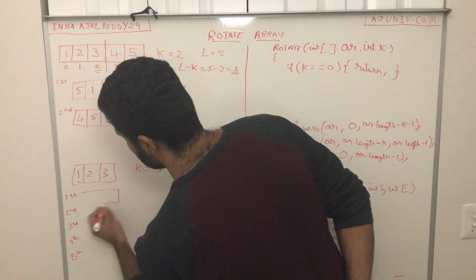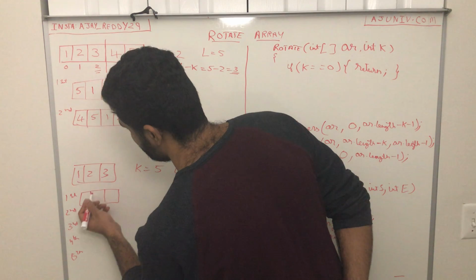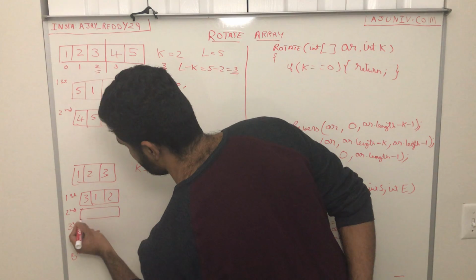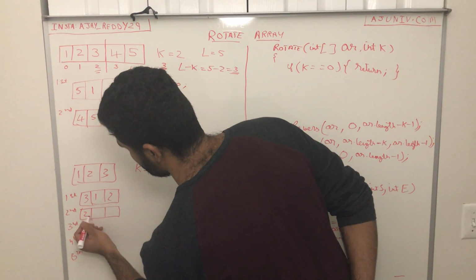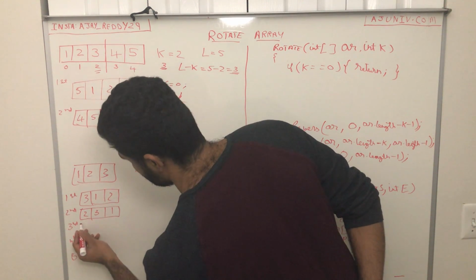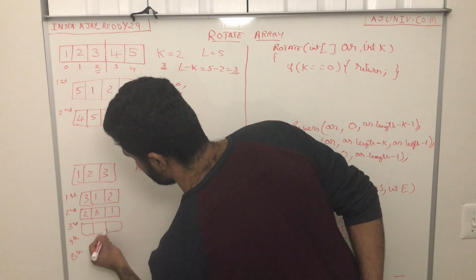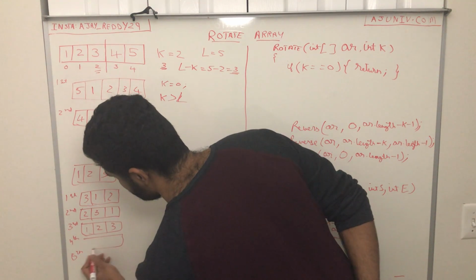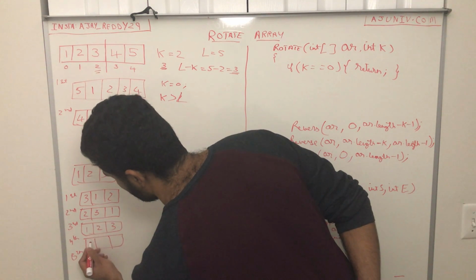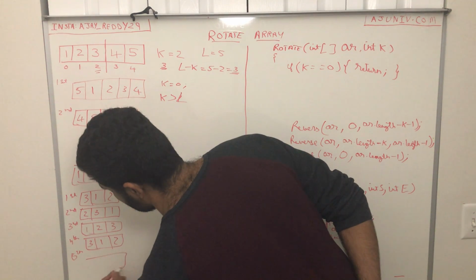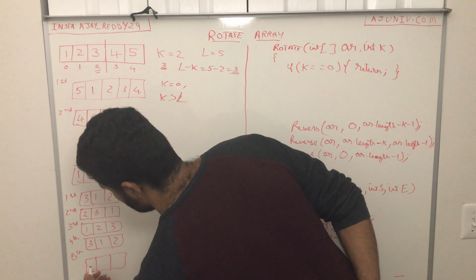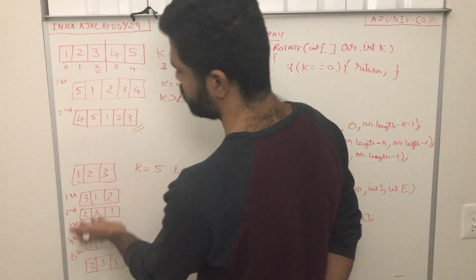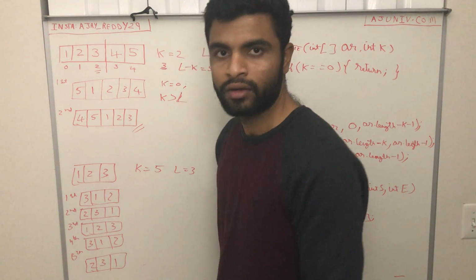After the first rotation, I will get the array as 3, 1, 2. The second rotation, I will get 2, 3, 1. The third rotation, I'll get 1, 2, 3. Again, the original array. The fourth rotation, again I'll get 3, 1, 2. The fifth rotation, I will get 2, 3, 1. So if you see, after 3 rotations, I'm again getting the original array.